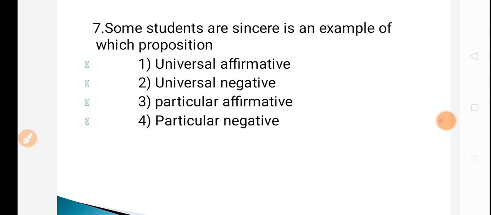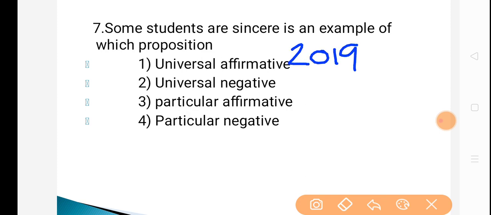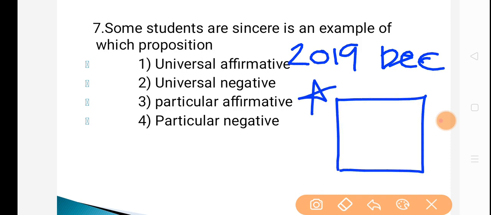Some students are sincere is an example of which proposition? This is from the 2019 December question, so you want to look at this kind of question. When we draw the same square box here, A, E, I, O, the "some students" statement will come here.